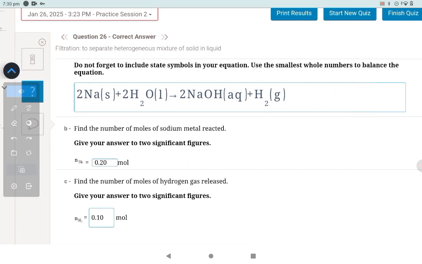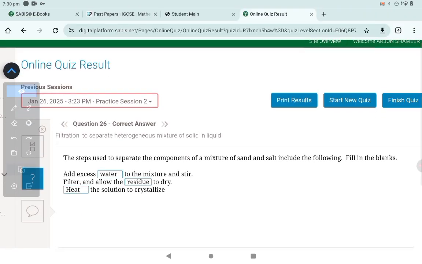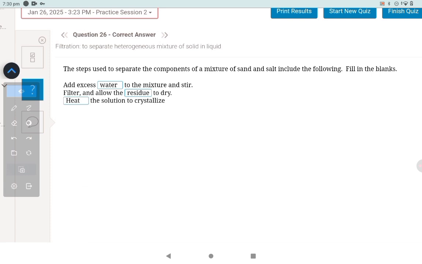The steps used to separate the components of a mixture of sand and salt include the following. First we add excess water to the mixture and stir. Why? Because this way the salt will dissolve in the water, and then it's just salt water and sand.